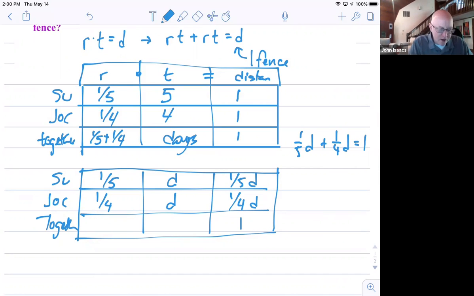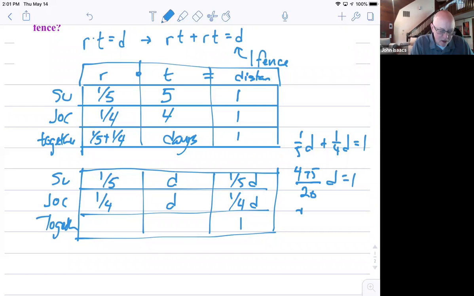1/5 D is the amount of fence that Sue paints while they're working, and 1/4 D is the amount of fence that Jock paints while they're working, and 1 is the whole fence that needs to be painted. So if we use a common denominator, that's going to be 20, and the 5 is going to produce a 4, and the 4 is going to produce a 5, times D equals 1.